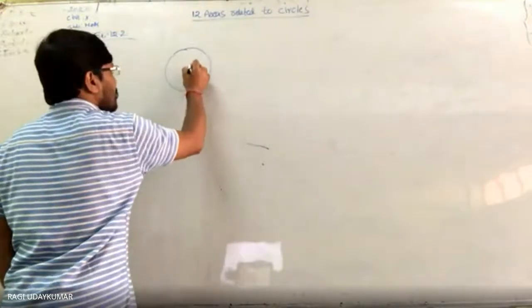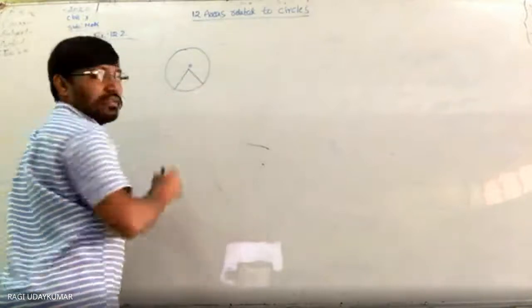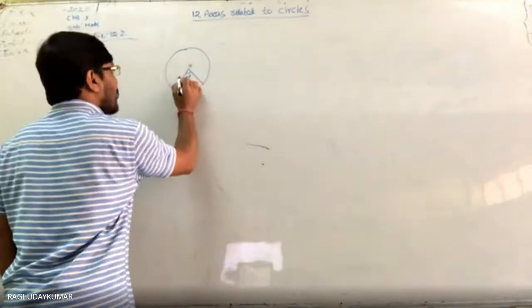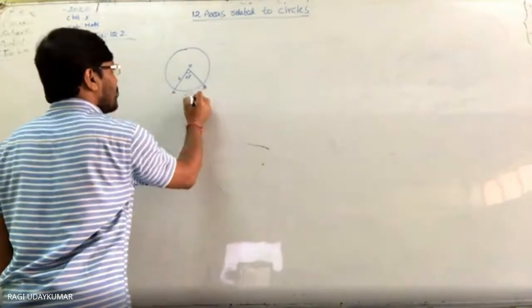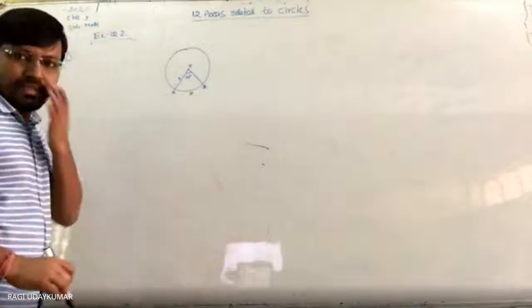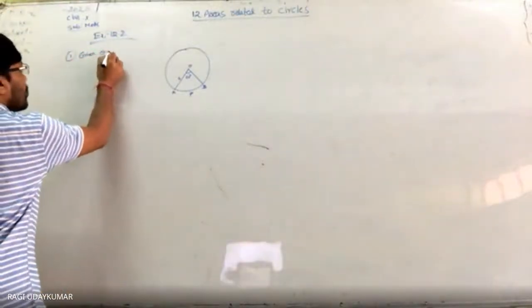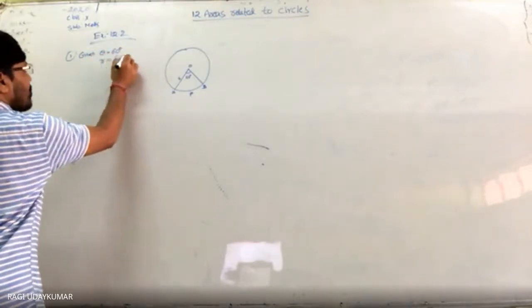In the circle you see, this radius, and the angle makes 60 degrees here. So radius is 6 centimeters. This we need to find out. Let us name it. Given theta is equal to 60 degrees and radius r is equal to 6 centimeters.